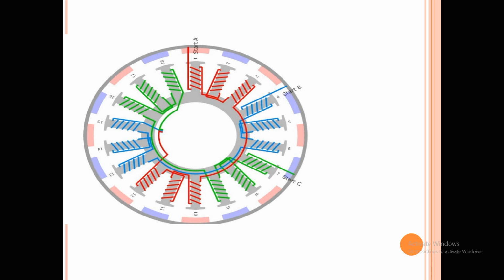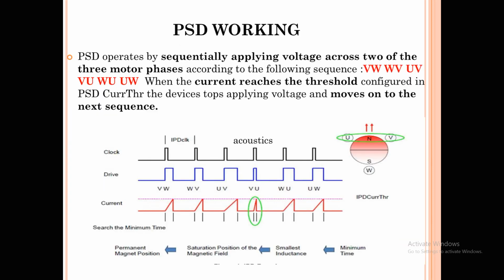When you energize these two phases, the resultant position of the rotor is closest to the N pole, so your current saturates very fast. It means that your motor inductance value is very small, and that is the saturation position of the magnetic field in this condition.